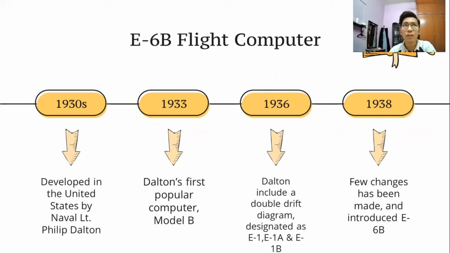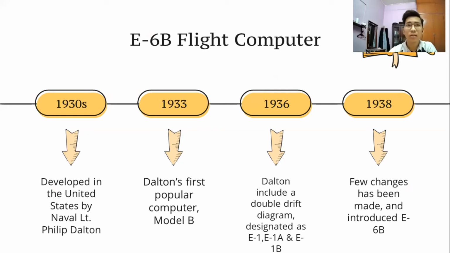A few years later, the Mark 7 was invented by Dalton again, following his first Model B as a focal point. At this moment, Dalton was a little bit unsure about his design, so he decided to plan and create something more accurate, easier to access, and more durable at higher flight speeds.